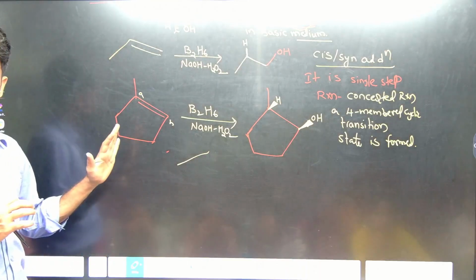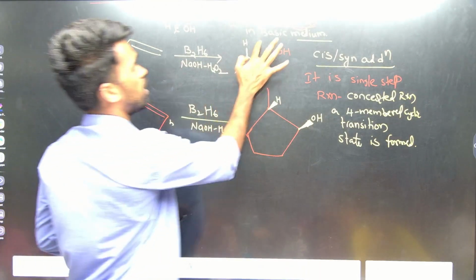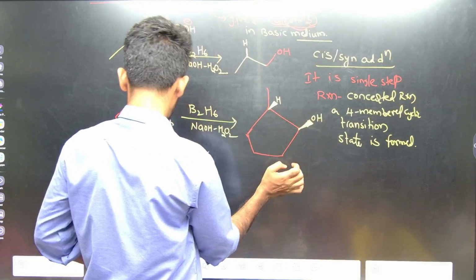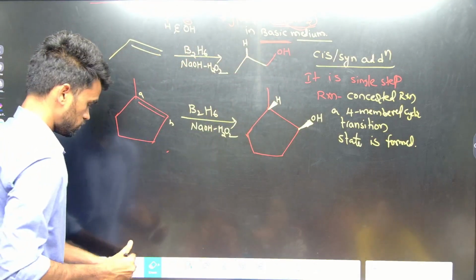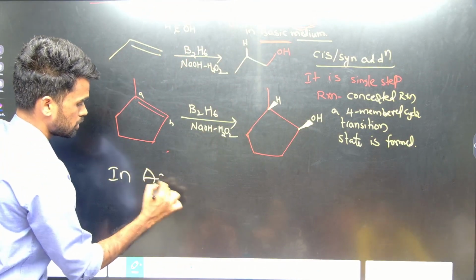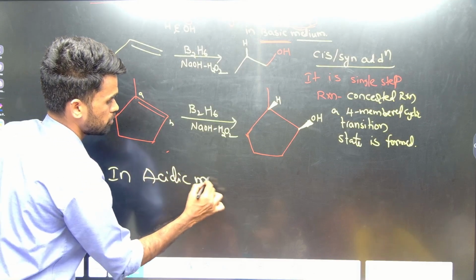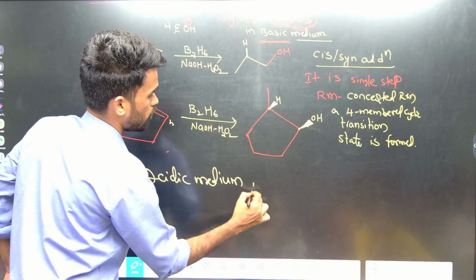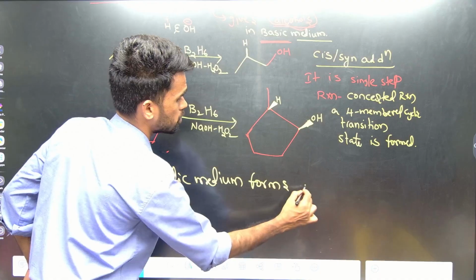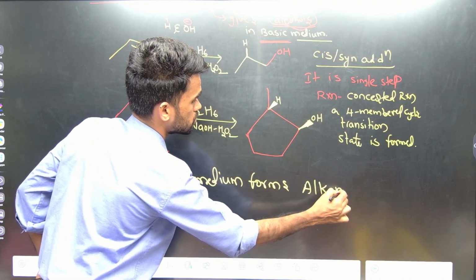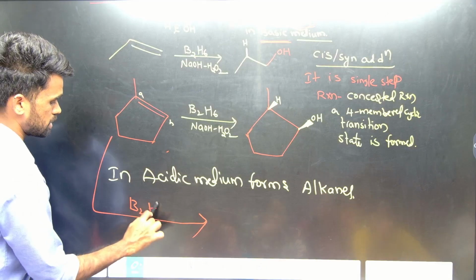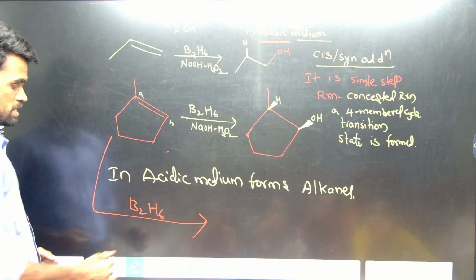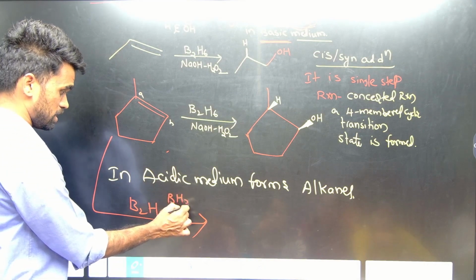Next, is this clear up to here? Okay. Next here, what is the thing I have mentioned? Basic medium. So now what about acidic medium? In acidic medium it forms alkanes. What will it form? Okay. It means this one, B2H6. Instead of B2H6, they may sometimes mention BH3 also.